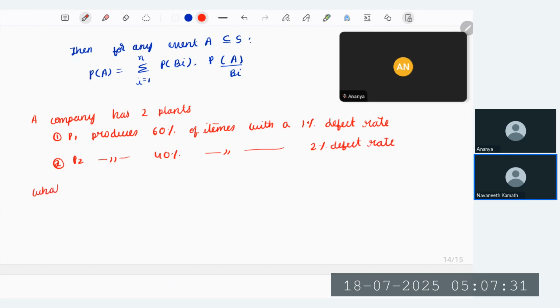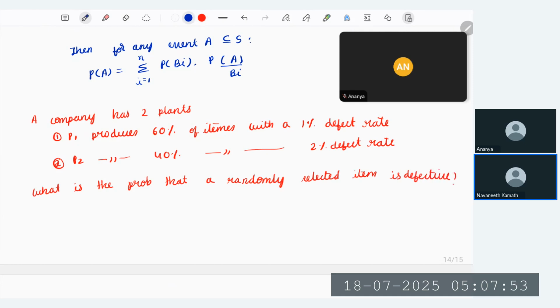What is the probability that a randomly selected item is defective? Okay, this is the first question.